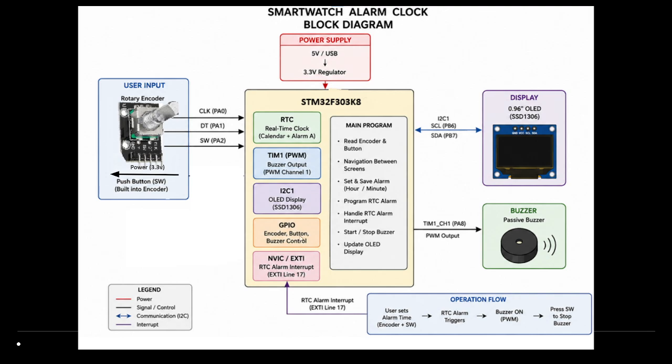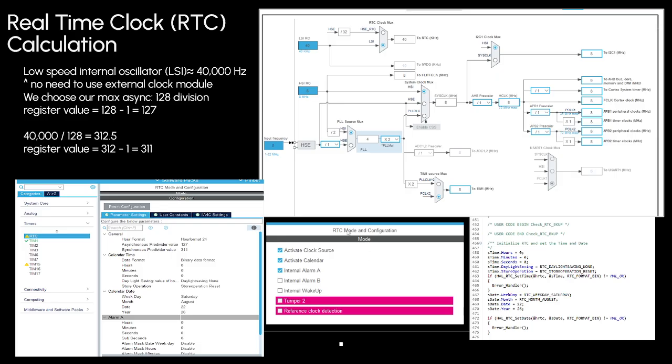Next, this is the real-time clock calculation. Instead of a crystal clock, I use a low-speed internal oscillator known as LSI. I set it to 40 kilohertz, and that is pretty much our base number.